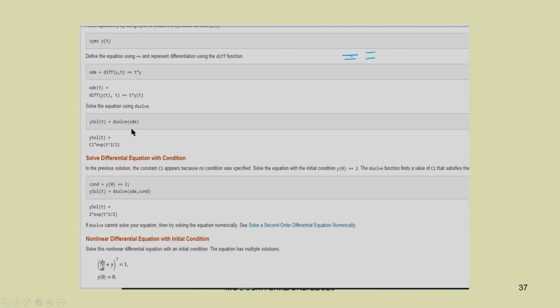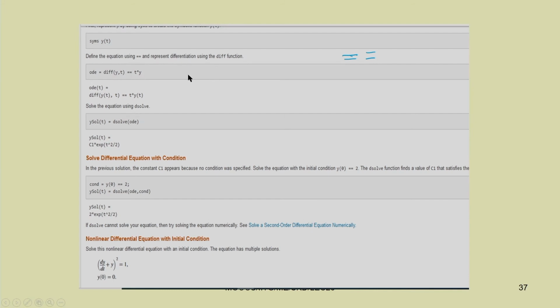To solve this equation, you can use the dsolve command. You can write ySol(t) equal to dsolve(ode), and ode you have already defined. So, this is the function you are writing: ode equal to diff(y(t)) equal to t star y.